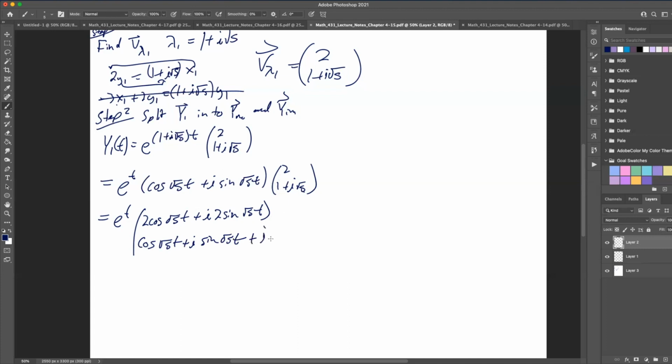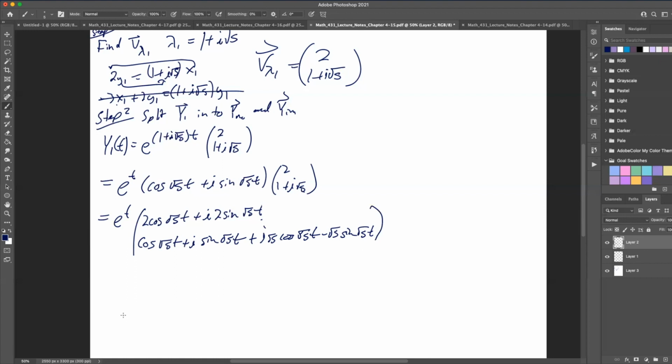So i square root 5 cosine square root 5t, plus the i onto this will give me minus square root 5 sine of square root 5t. Okay, so that's my vector.